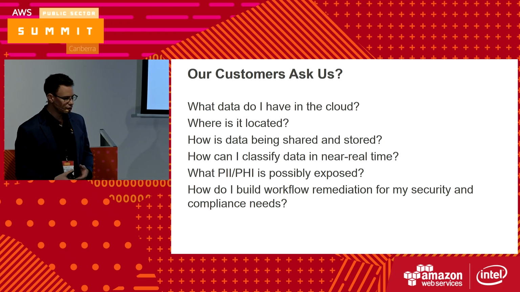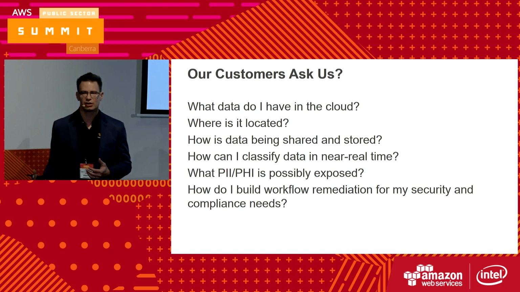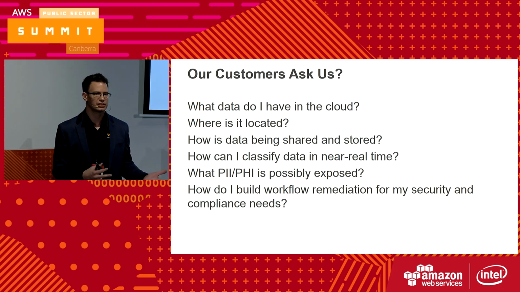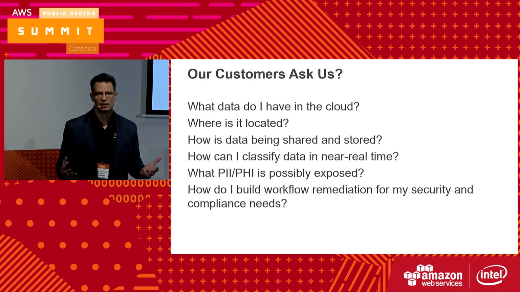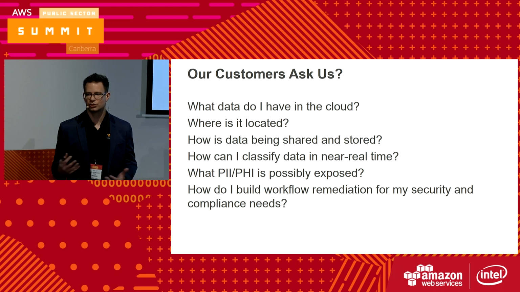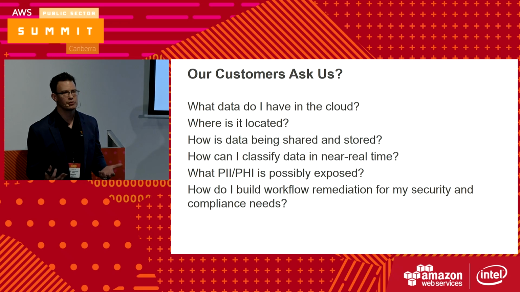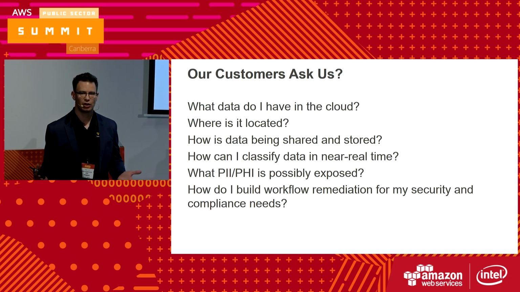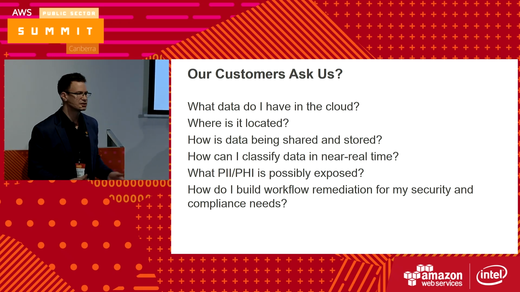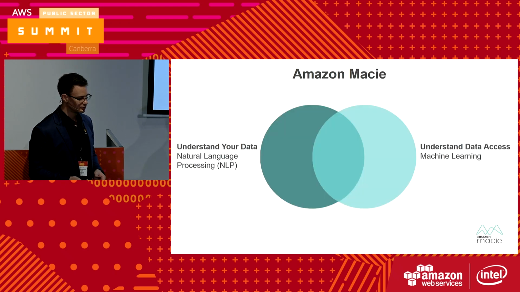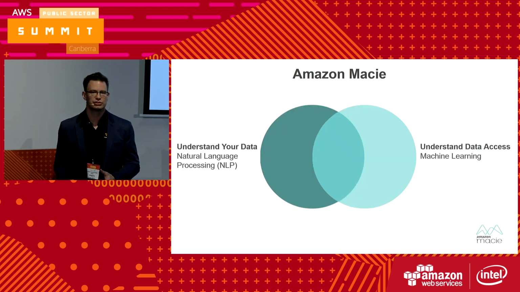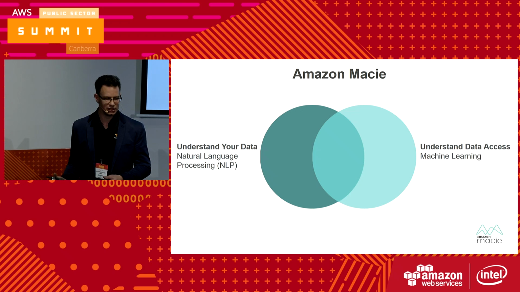And also, do I have personally identifiable information, and where is it? And not only that, based on all that, how is it being accessed by what users, when and in what context? And can I set up automatic remediation to ensure that if there's any policy breaches happening, they get fixed as quickly as possible? So Amazon just introduced a new service called Amazon Macie that's going to be able to answer a lot of these questions.